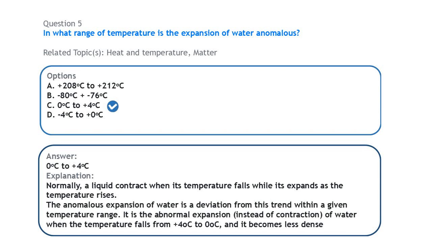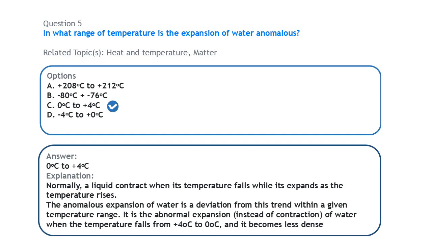However, in the case of water, it has an abnormal expansion when the temperature falls from 4 to 0. When the temperature falls, meaning the body is cooling and losing heat, it is supposed to contract. But water, when the temperature falls from 4 degrees Celsius to 0 degrees Celsius, instead of becoming smaller, it expands.